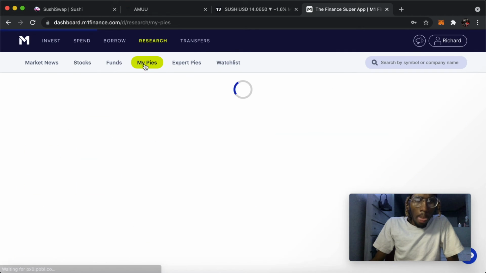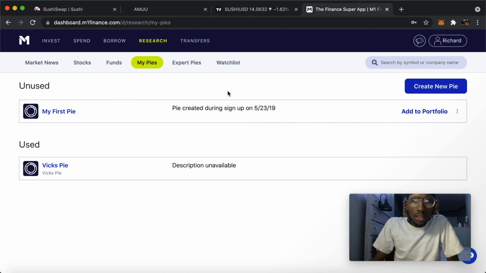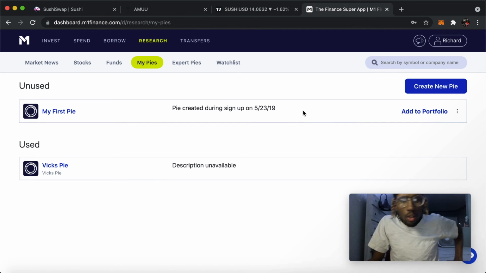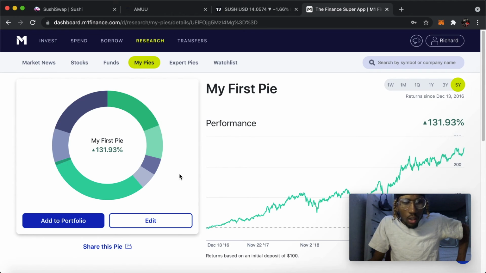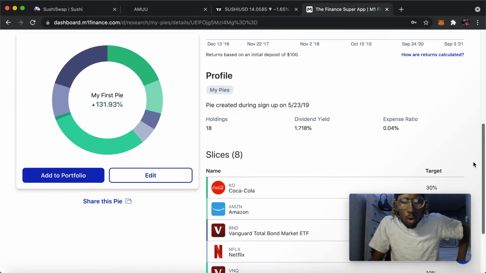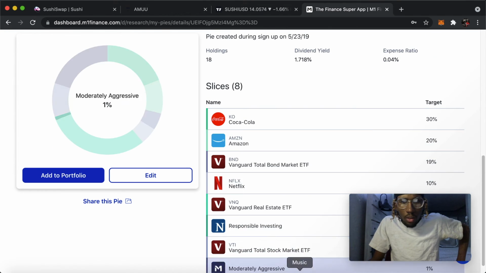Okay, so your pies. Now this right here, people might be a little confused about this, but don't get confused. It's really not that confusing at all. So basically what this is, this is my pie that I have right now, what you guys are seeing. And this is another pie, right? With a whole bunch of different other stocks in it.